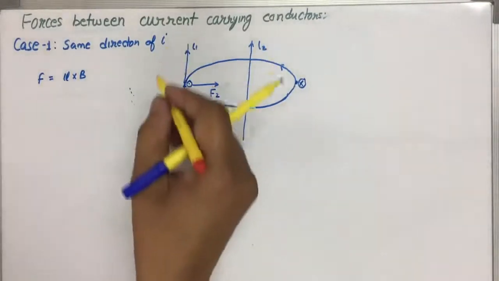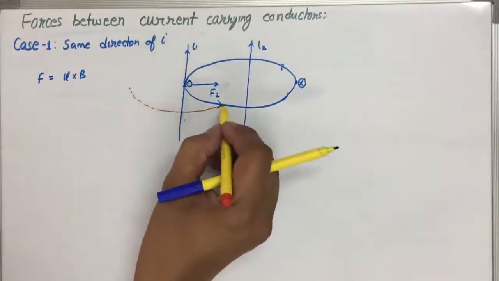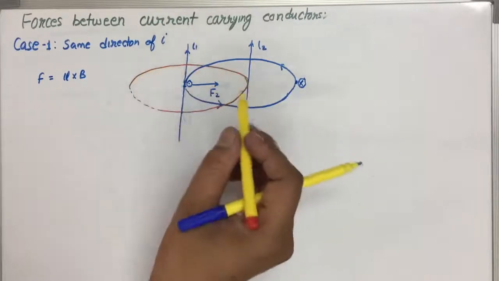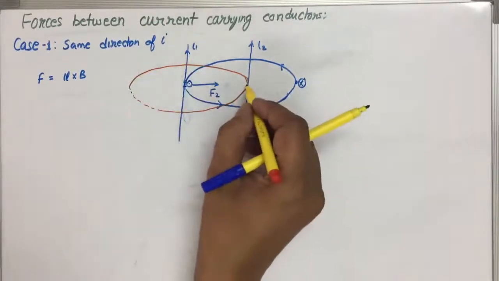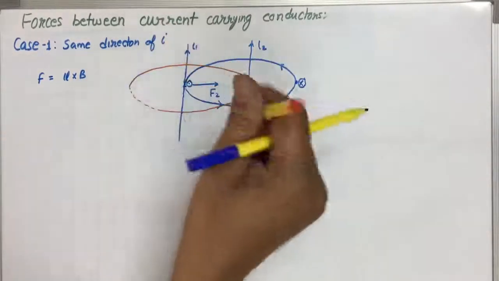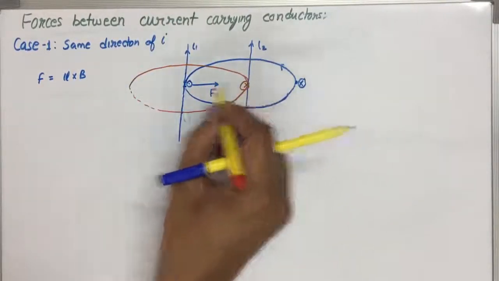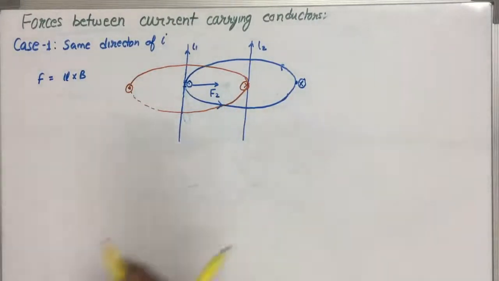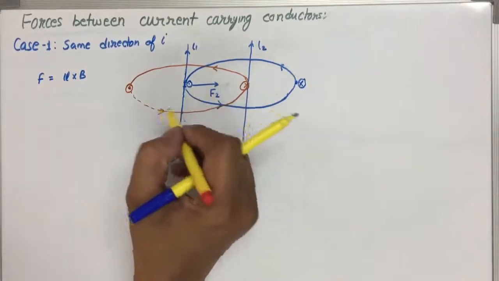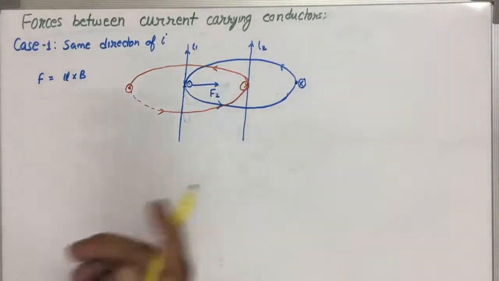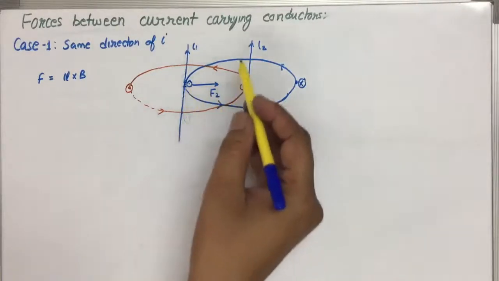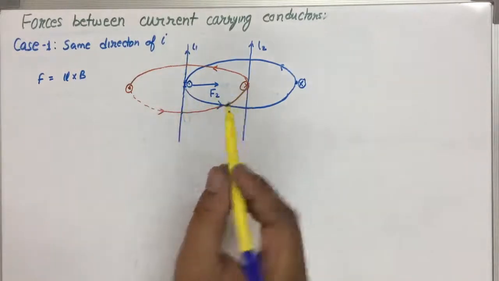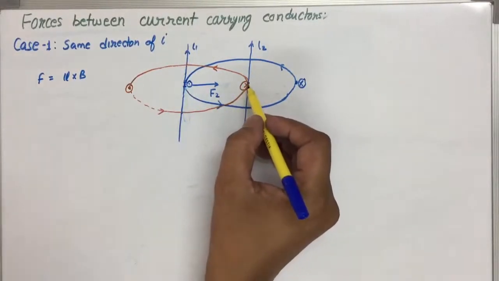So the magnetic field due to this will be like this, and due to this, at this point the direction of the field will be inward, and here it will be out from the board. So here also it will follow the anti-clockwise. Similarly, as we have found that the force at this point due to this is in this direction, let us find the force due to this at this point, meaning this element.